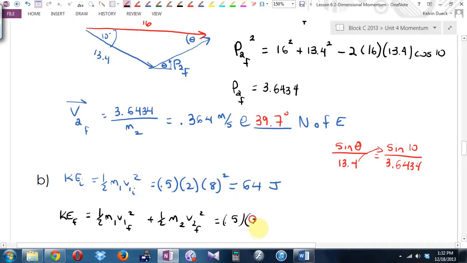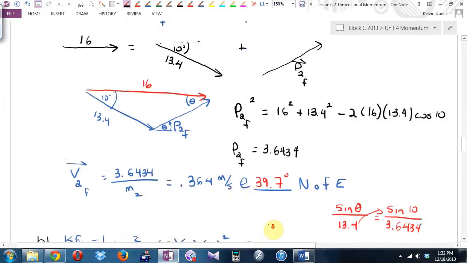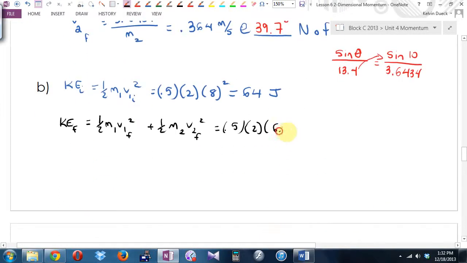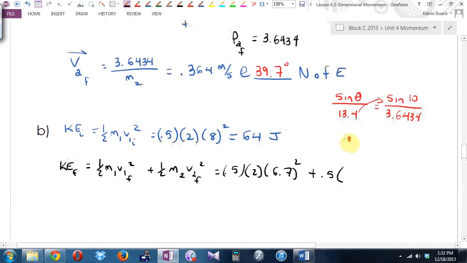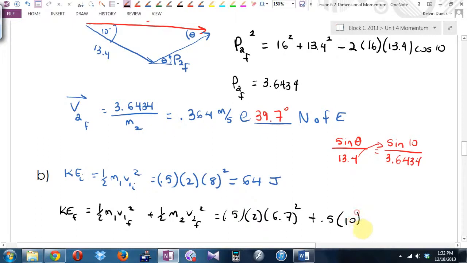Mass 1 was 2. The final speed was 6.7 squared plus 0.5. Mass 2 was 10. And somewhere I found its final speed. Oh, yeah, 0.364 squared. Right?